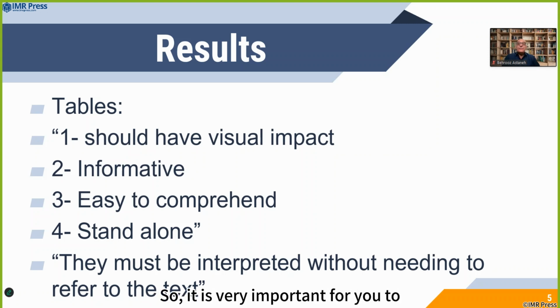So it is very important for you to know how to design and create a table that is at the same time informative and easy to comprehend.